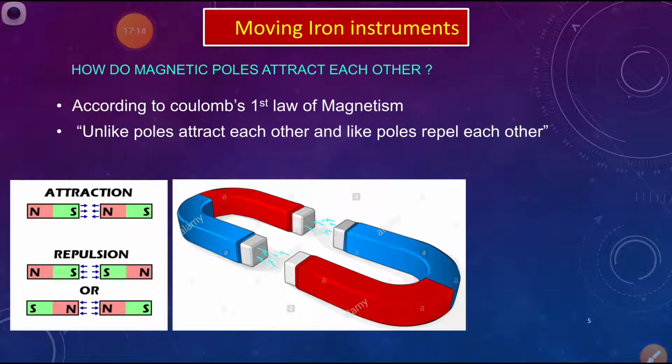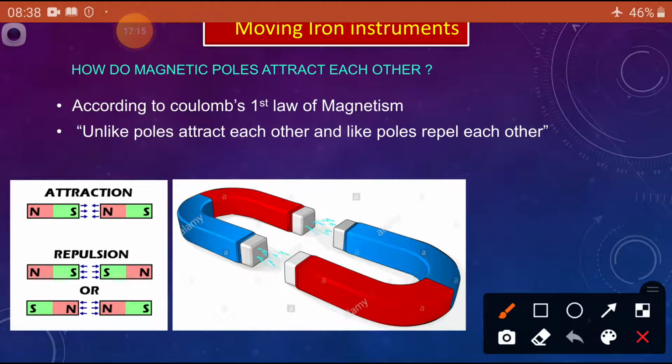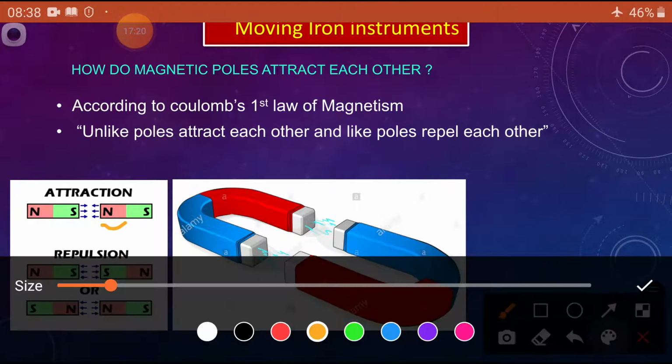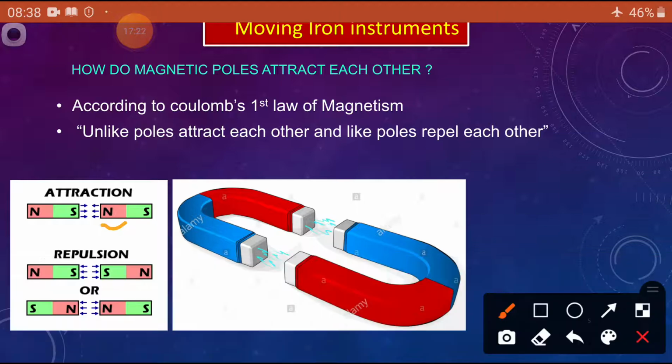In the second case, you can see it here. In the first case, they are going to attract each other because they are different poles. Now here in the second case, south pole and south pole, what will happen? Automatically there is a repulsion force between the two magnets, so they will try to move away from each other.